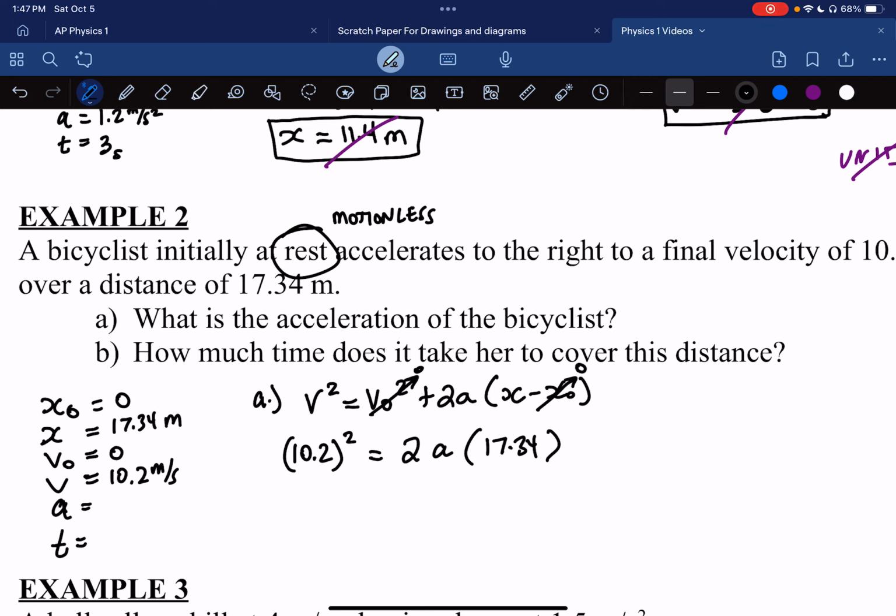Let's square the 10.2. 104.04. Let's multiply 2 and 17.34. We get 34.68 times a. And so we just divide. And we should get 3.